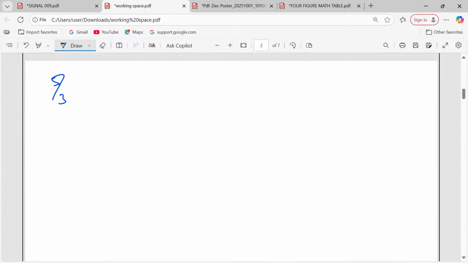5/3 minus 2x. Let me check the next. Next is a minus 2x, yeah? Less than 1 minus 2/3 x less than or equal to 2 minus x. That's what you're having. So the first inequality runs from the first term all the way to the term just before the second inequality symbol.